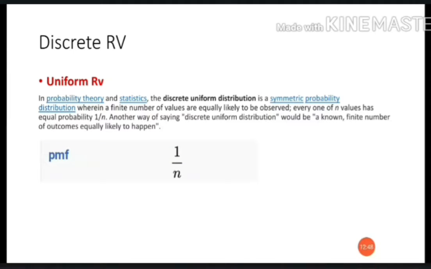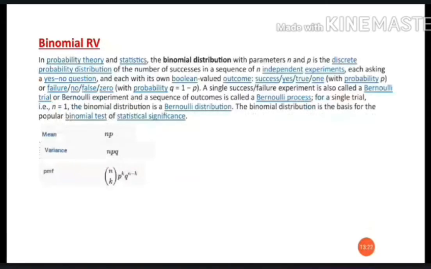Every one of the n values has equal probability 1 by n. Another way of saying it, the discrete uniform distribution is a distribution where a finite number of outcomes are equally likely to occur. The PMF for the uniform discrete random variable will be 1 by n.